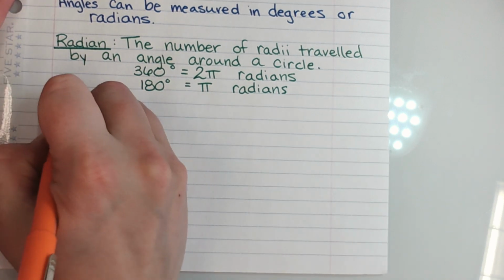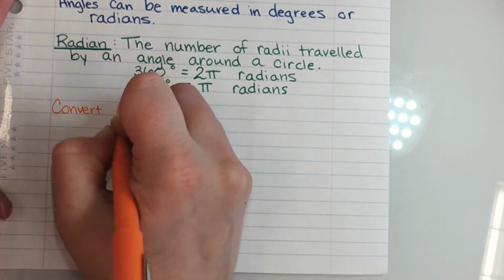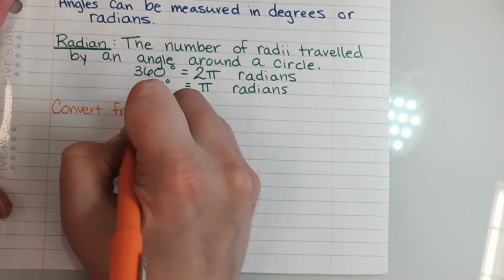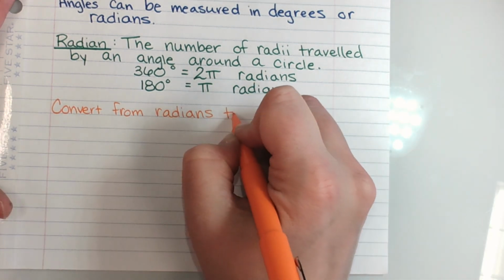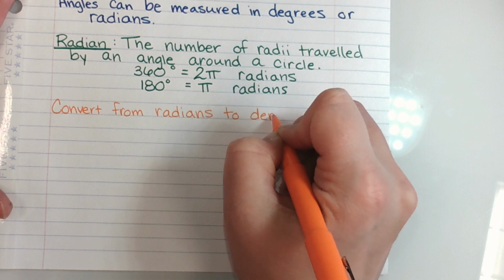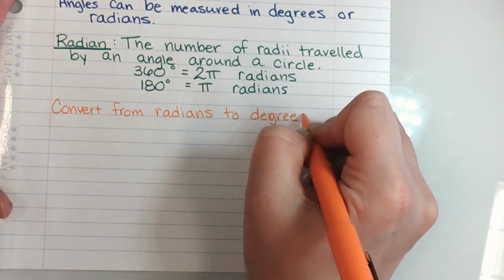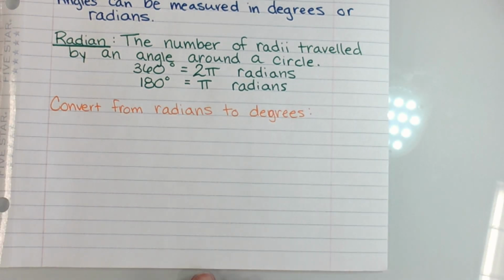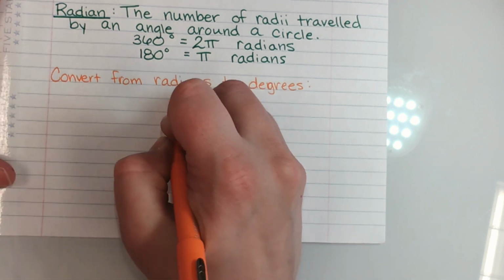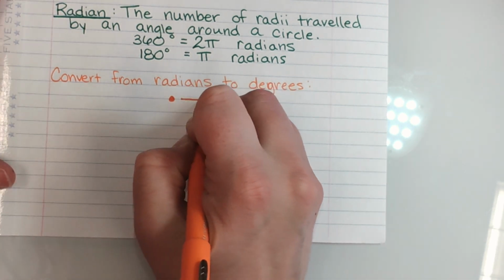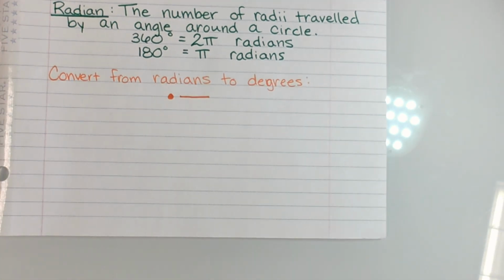If you want to convert from radians to degrees, you are going to take the number of radians that you have, and you are going to multiply it by the fraction. If you have radians, you want to get rid of radians.